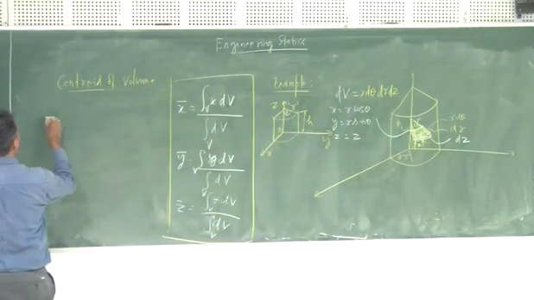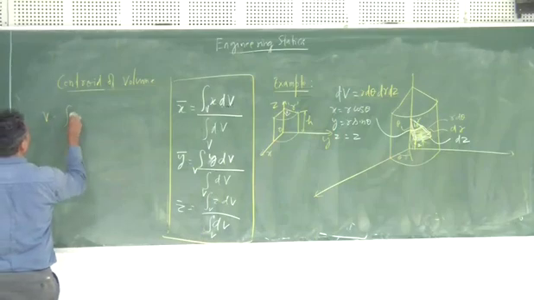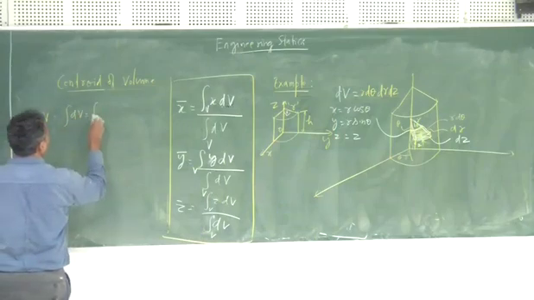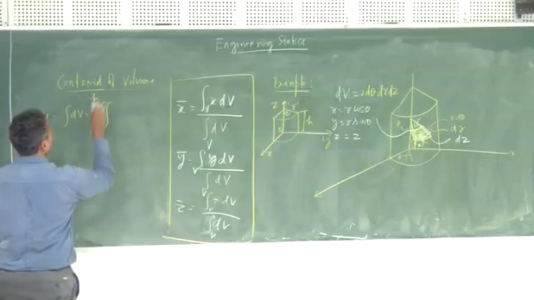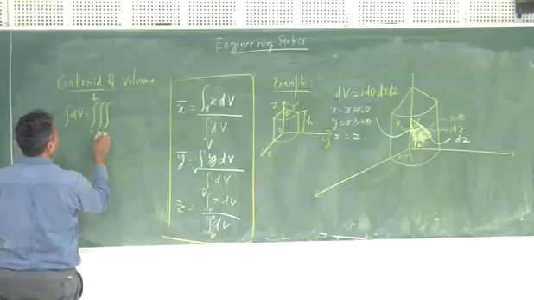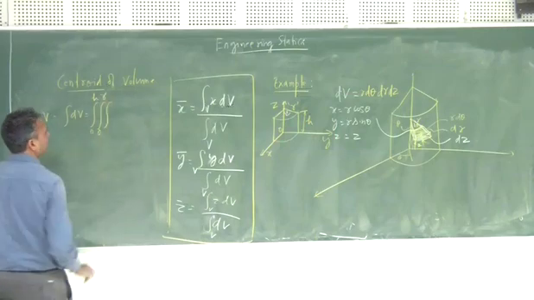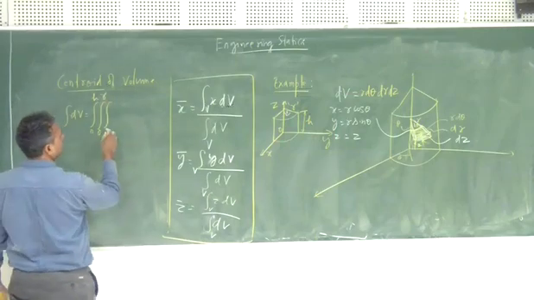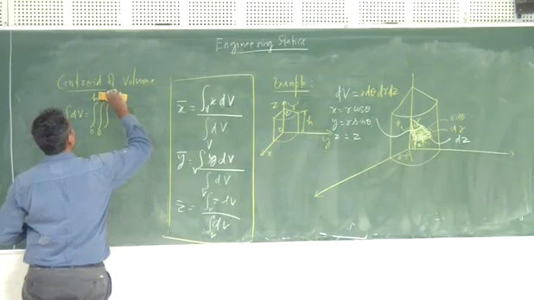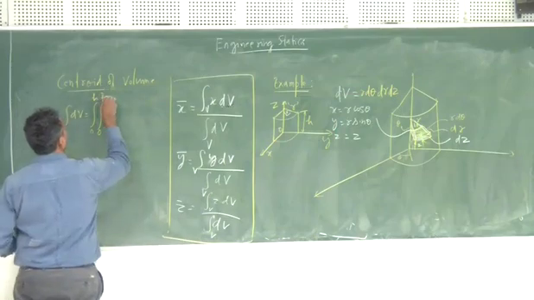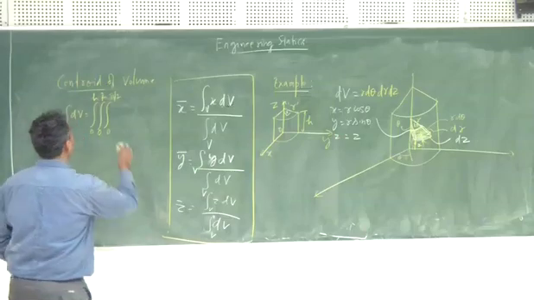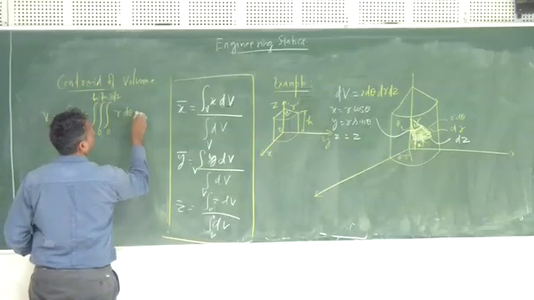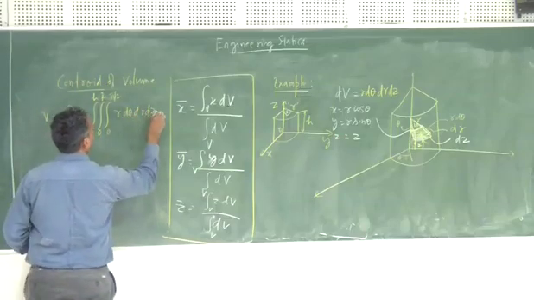So the total volume V will be the integral of dV, so you will take z from 0 to h, r from 0 to r, and theta from 0 to pi by 2. What is your component? r d theta dr.